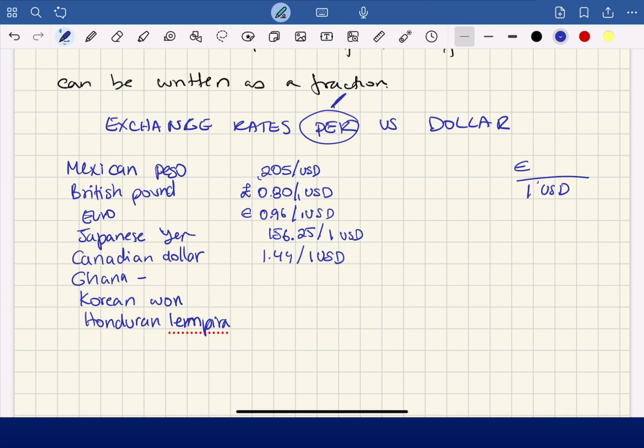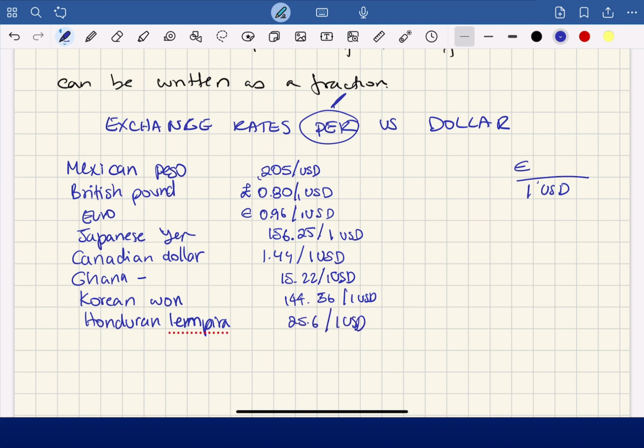For the Ghana currency, I can't remember what I wrote, but this one is 15.22 per $1. For the Korean won, I think it was 1,436 per $1. And for the Honduran lempira, we have 25.6 lempiras per $1.